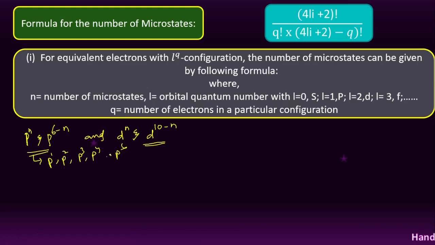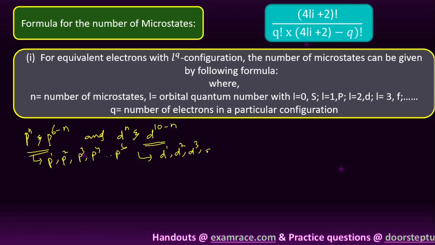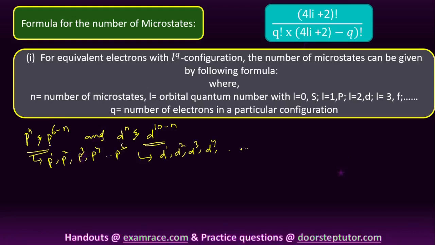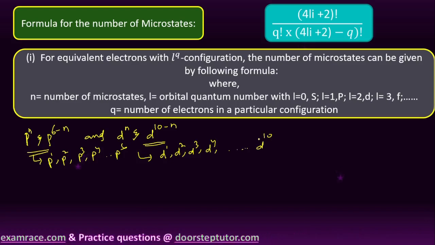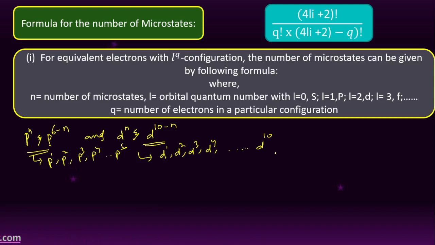For the d configuration, that is d1, d2, d3, d4, and so on up to d10. You can use the above formula and you will get the number of microstates of various p and d configurations. Generally it looks like L to the power of q, student.